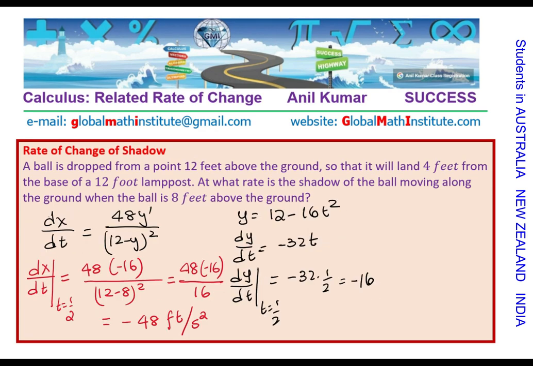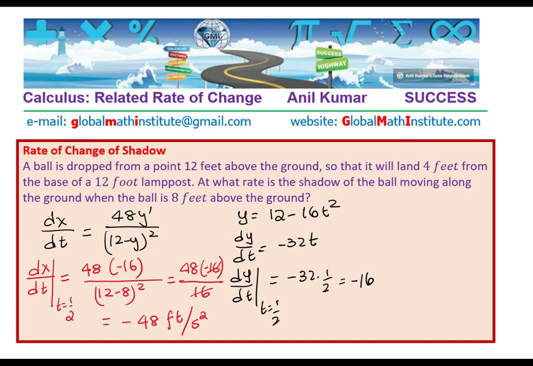And finally, to find y prime, we differentiated the equation 12 minus 16t squared, getting minus 32t. Substituting t as half, we got minus 16, and then placed minus 16 in our equation. 12 minus 8 is 4 in the denominator, square being 16, 16 cancel, and so we get minus 48 feet per second square as our answer. Is that clear to you?